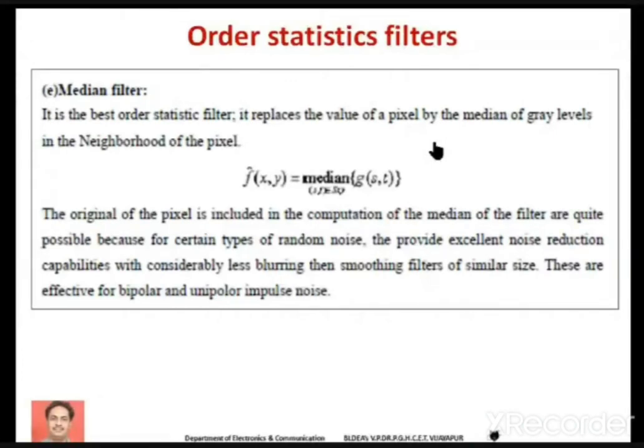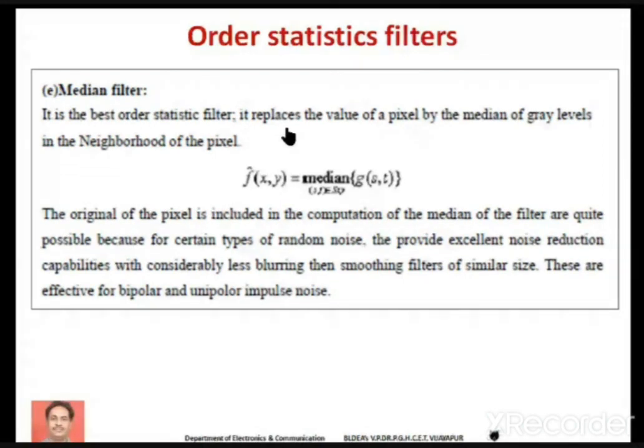The median filter is also referred to as the 50th percentile pixel. Mainly it can be used to remove both pepper noise and salt noise. In other words, it is used to remove impulse noise.